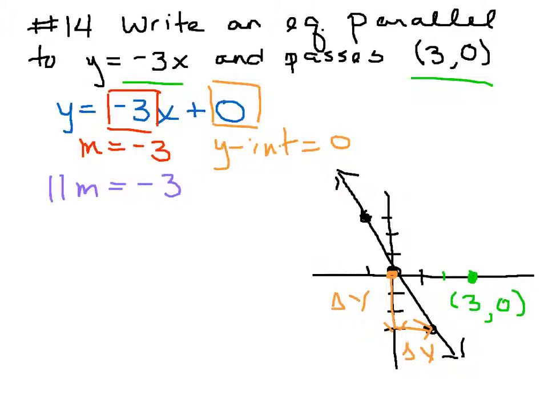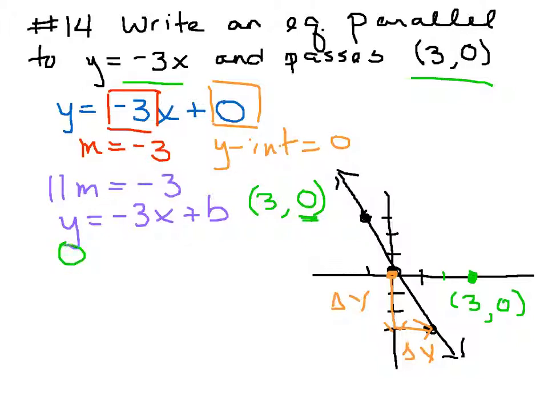So I know my equation is going to be something of the form y is equal to -3x plus b. Well, I know it passes through the point 3, 0. Therefore, I'm going to make that substitution. So there's my y.